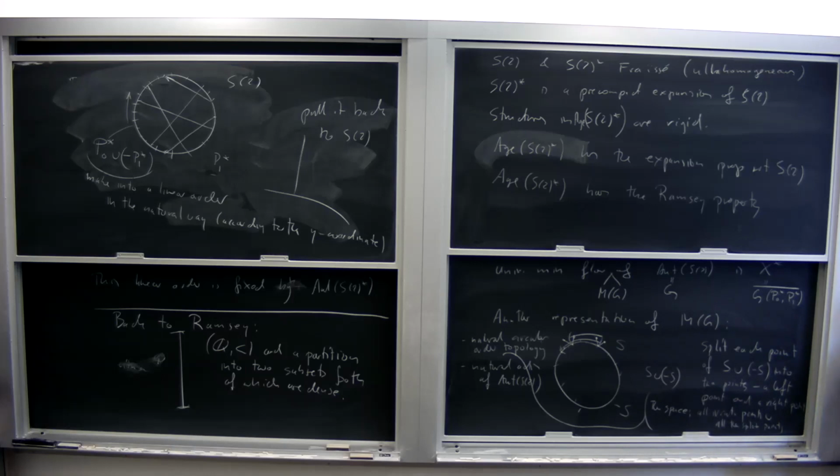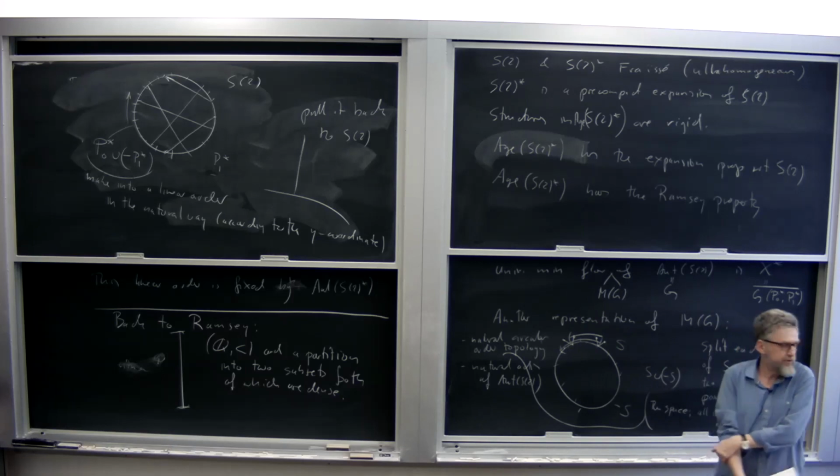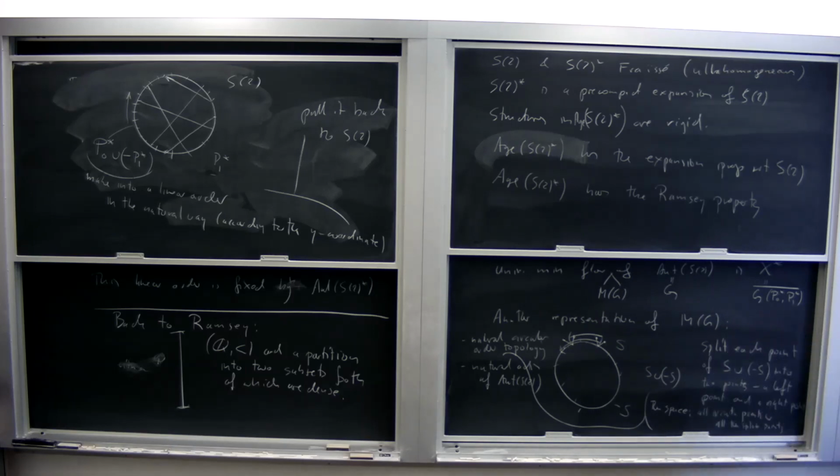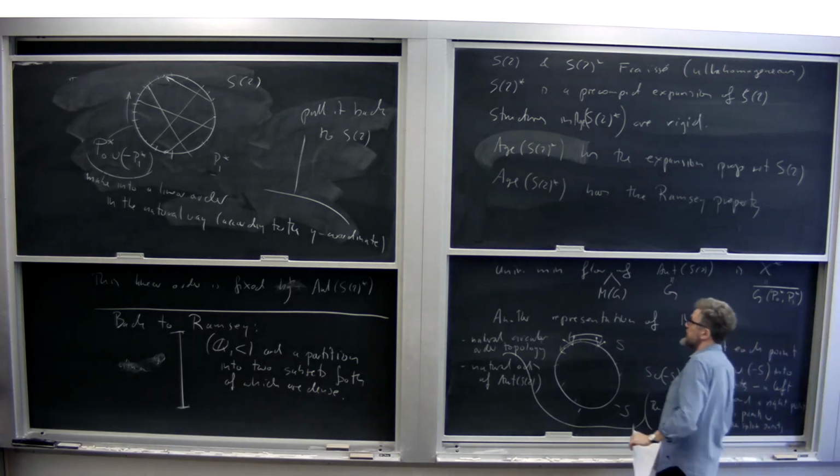We knew what finite Ramsey degree was. At this point, we have all the tools to show this direction, using the last proof that we did.